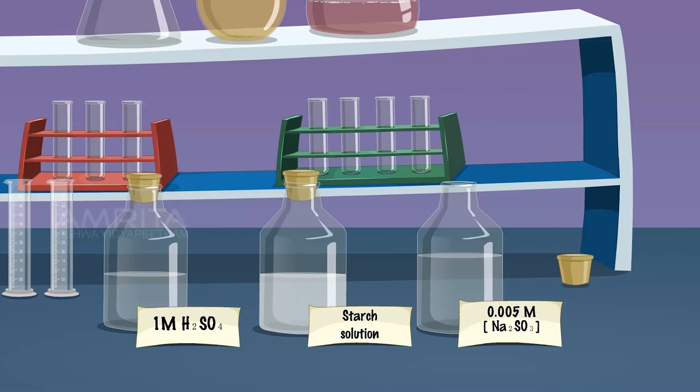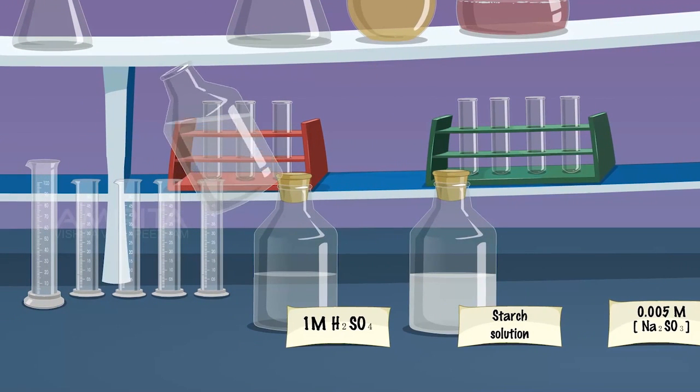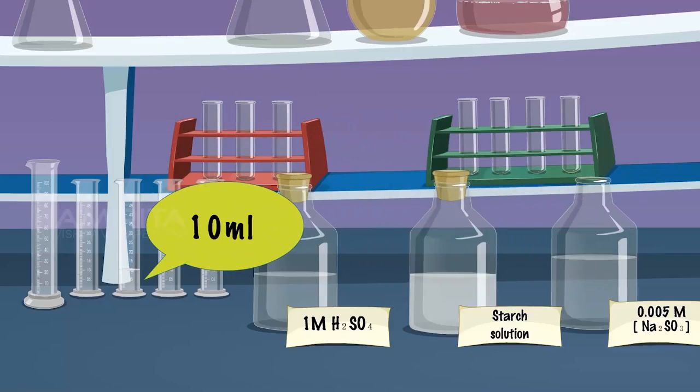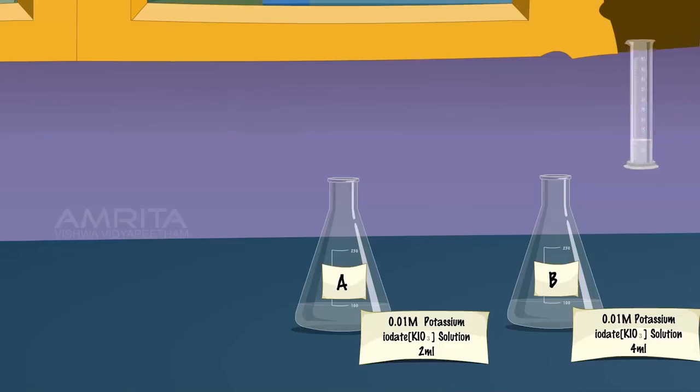Take 10 milliliters, 0.005 molar sodium sulfite solution. Pour it into flask A.